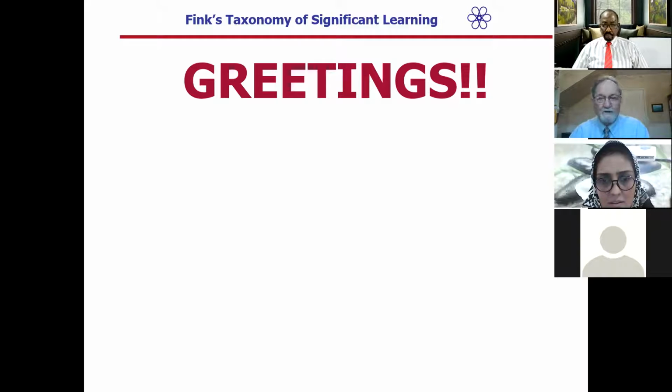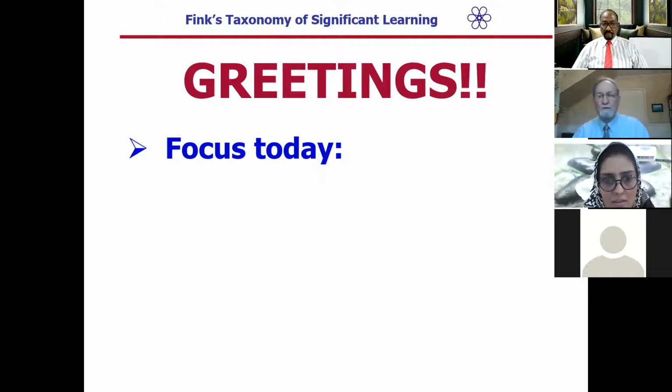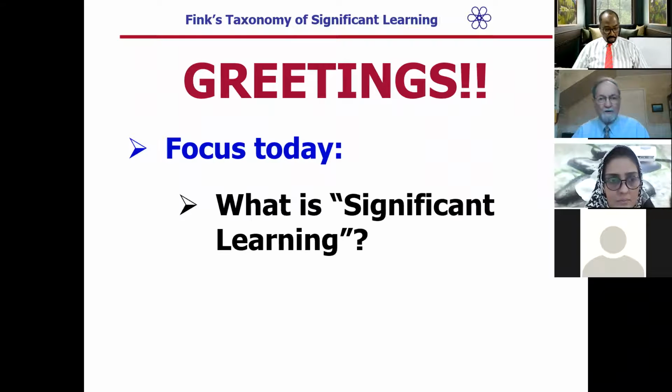What I'm going to focus on today are the two major themes in my book, and that I talk about in my workshops that I've done in various places. The first of those is, what is significant learning? What do I mean by significant learning, and what is embodied in this taxonomy of significant learning?